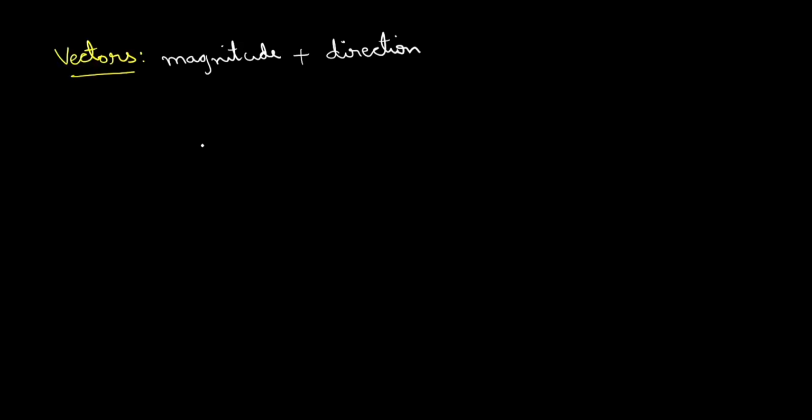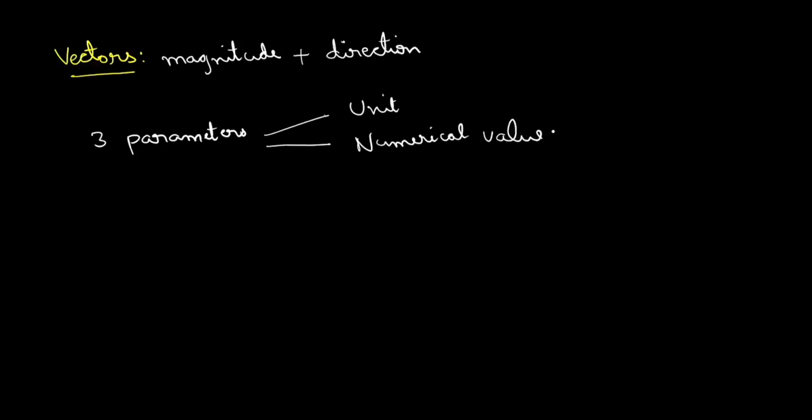Vector quantities have three parameters, and they are unit, numerical value, and the last one is direction. So these are the three parameters a vector has.